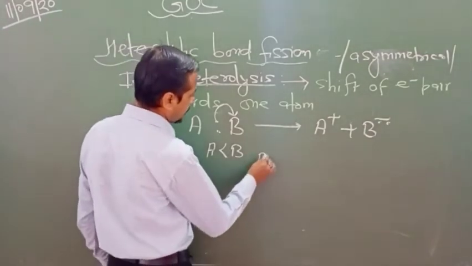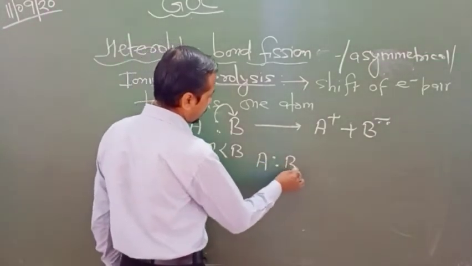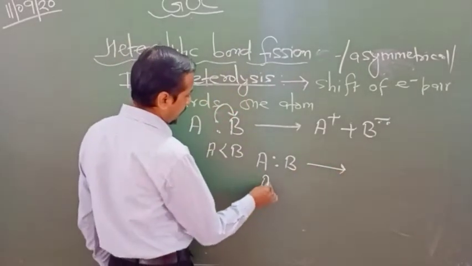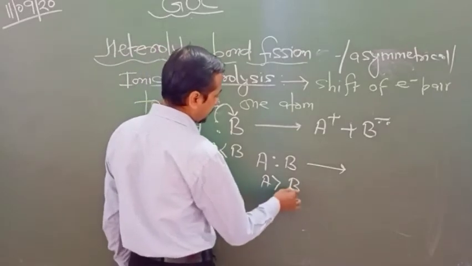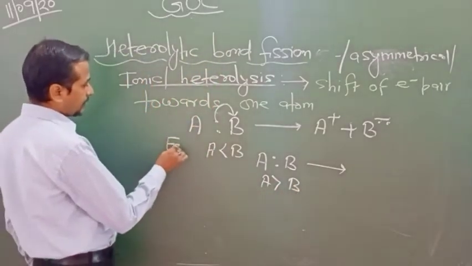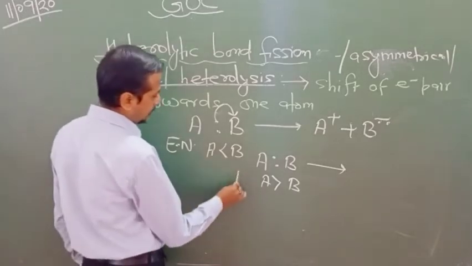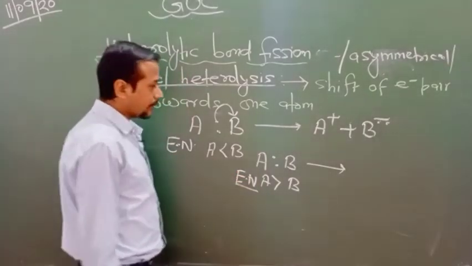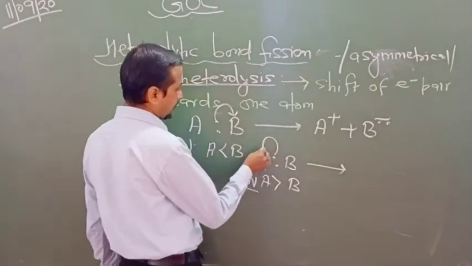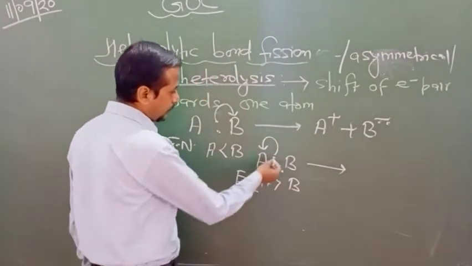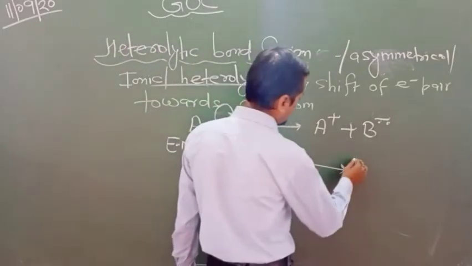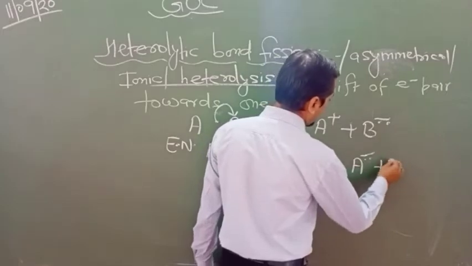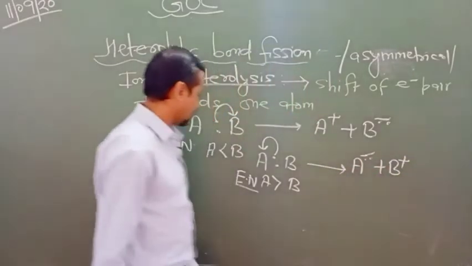One more condition may be there. If between A and B, A is more electronegative than B, so the electronegativity of A is more than B. In that condition, the whole two electrons are shifted towards A. Now A gets a negative charge and B gets a positive charge.